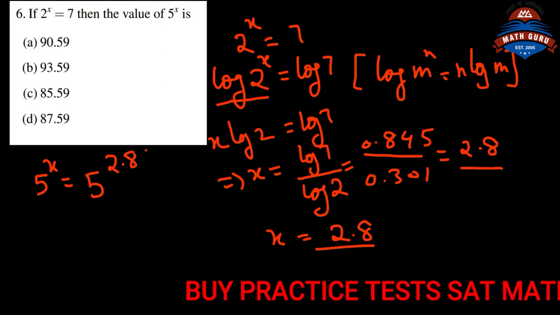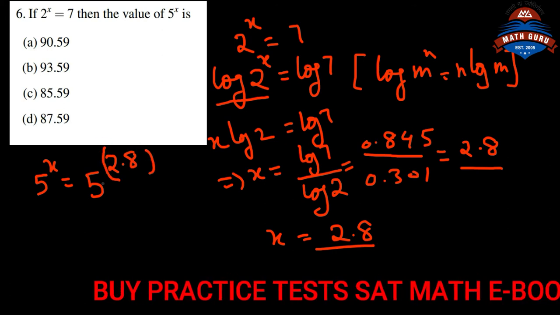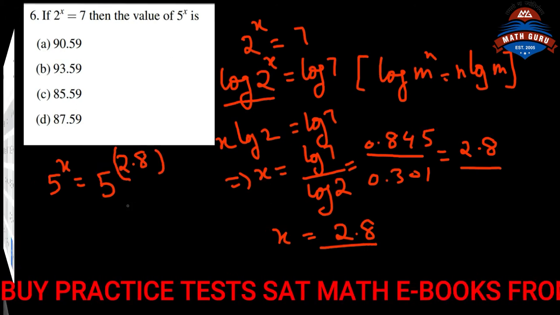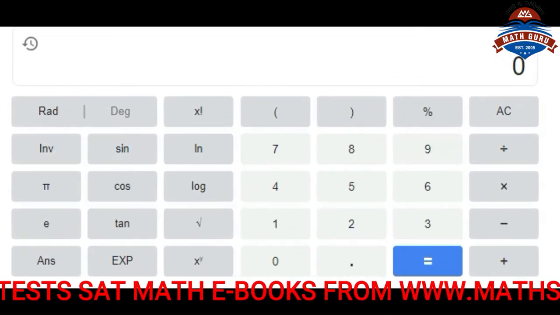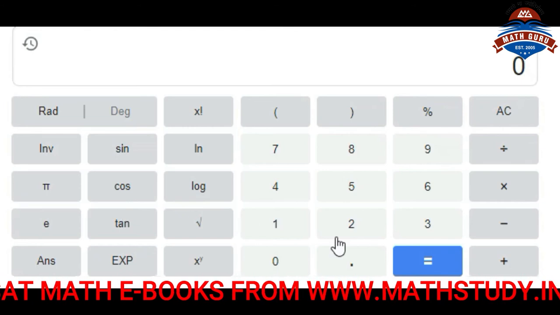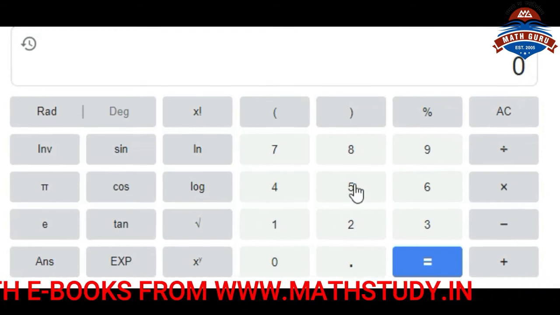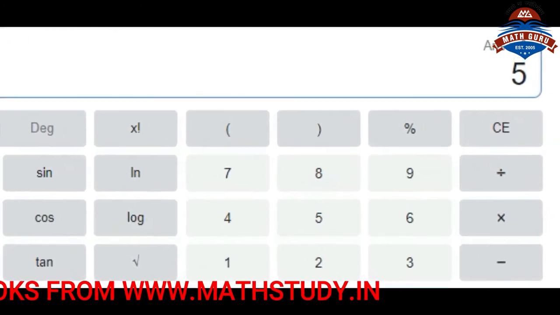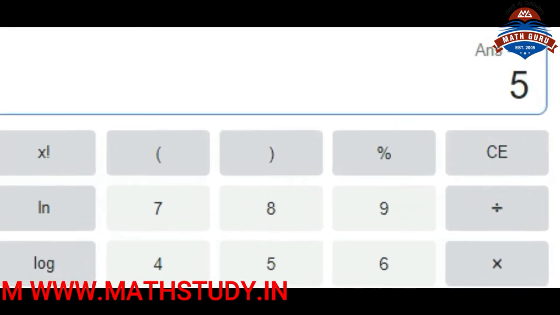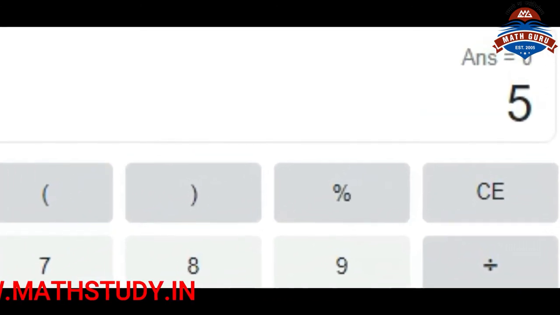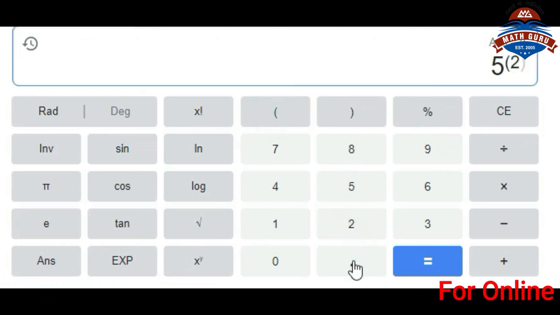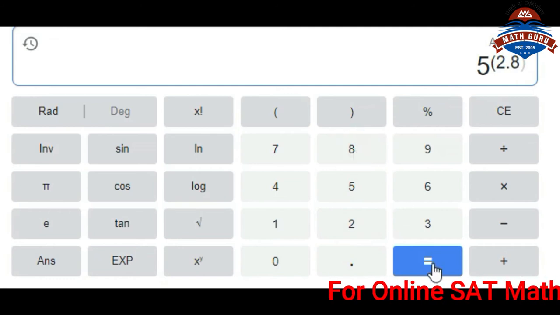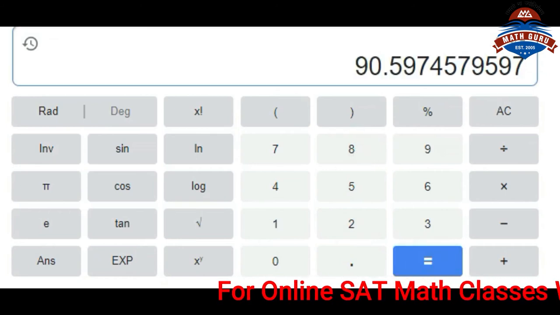Now let's move towards our calculator and find this particular value of 5 raised to the power 2.8. Students, we can easily find it by using the calculator, by pressing 5 here. Now we have to raise the power to 2.8, so we have to use this exponent key, right? So here we write 2.8, which is equal to 90.59, right?